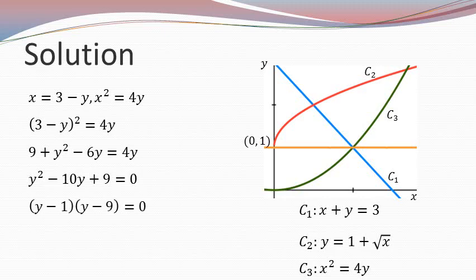So that factorizes like this, which means the two values of y are 1 and 9, but we pick y equals 1 because that is what gives us the positive value for x. So we can now say that the horizontal line over there is y equals 1 and the point of intersection of C1 and C3 would be 2, 1.